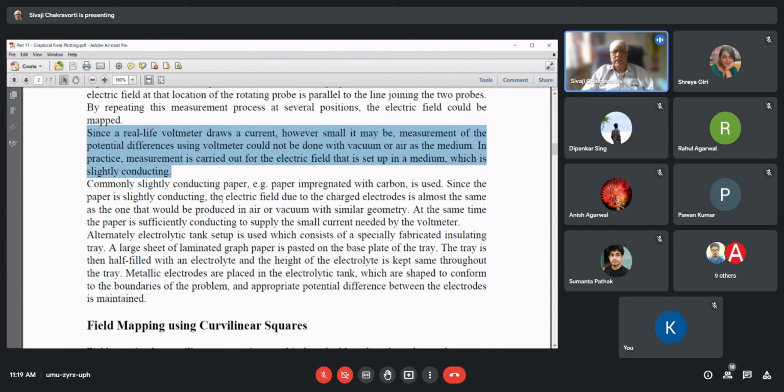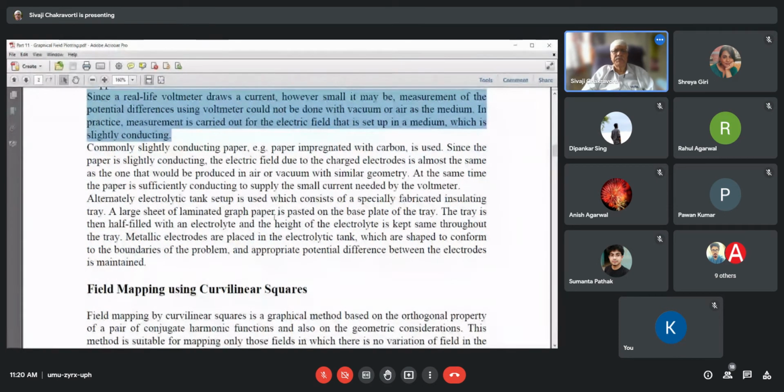Now, if I take this medium as vacuum or air, then it will be very difficult because how do I supply the current of the voltmeter? So instead of simple air as a medium, we put a slightly conducting medium, so that some current flows through it, and that current itself will feed the voltmeter current, and therefore you will get a reliable reading.